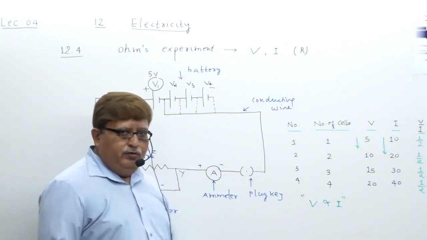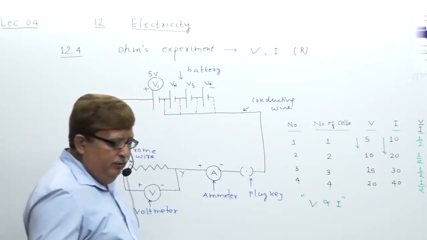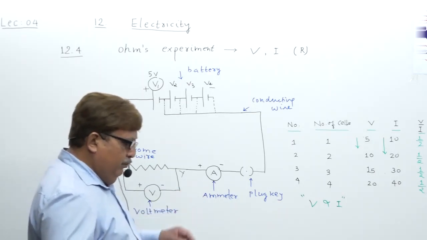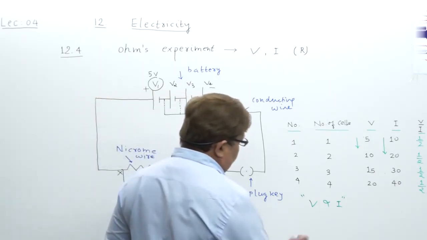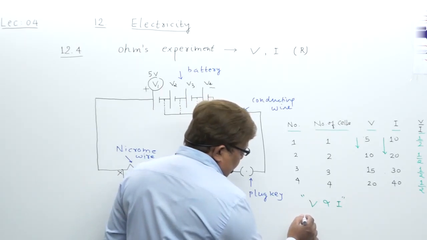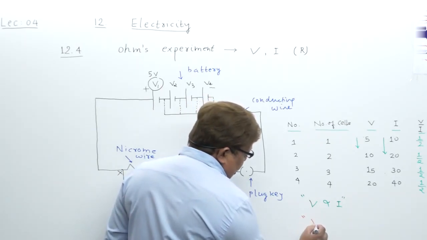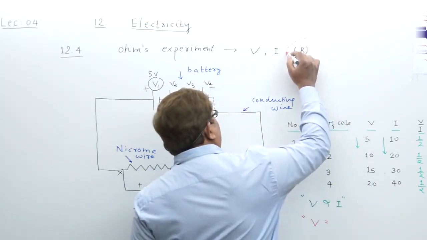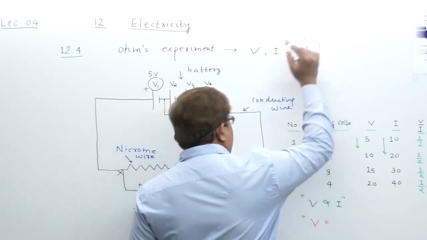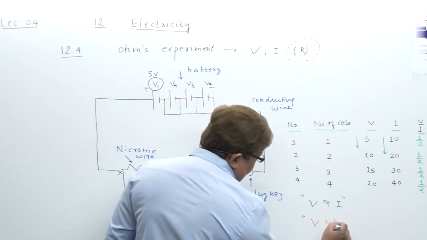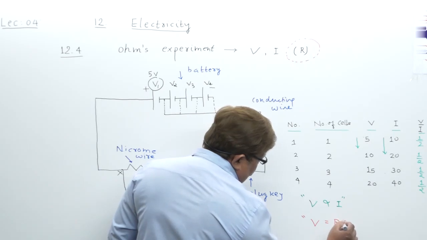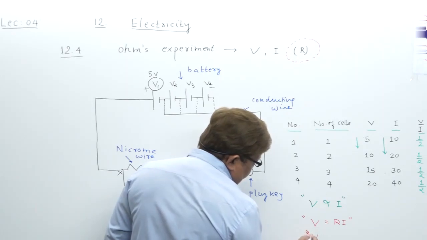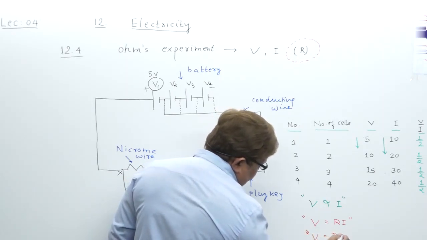Understand? If you want to just remove this varies to sign, my dear student, you all know, you just remove this sign. You have to place some constant, and the constant is definitely one of the intrinsic properties of the material. I will write V equal to R into I. To make it more proper, I may write V equal to IR.